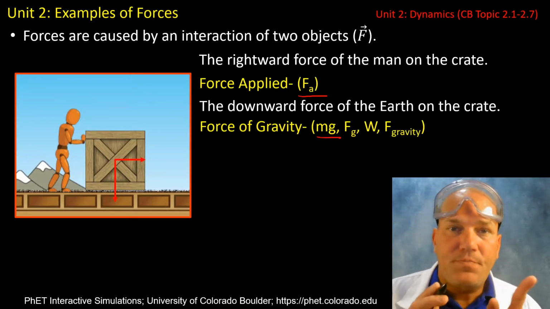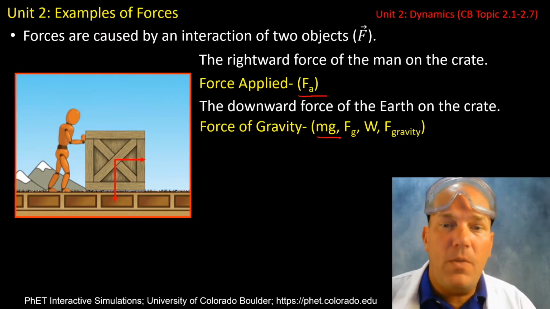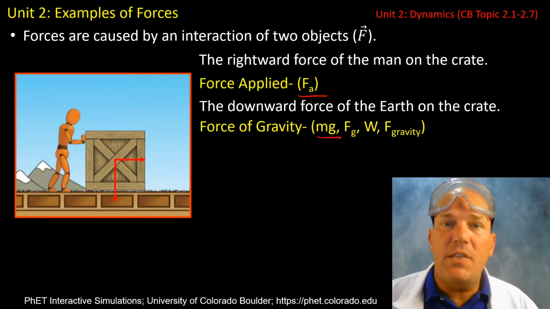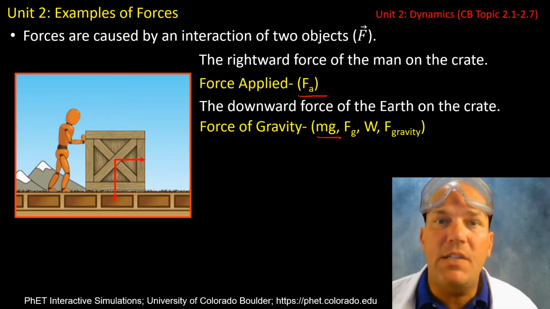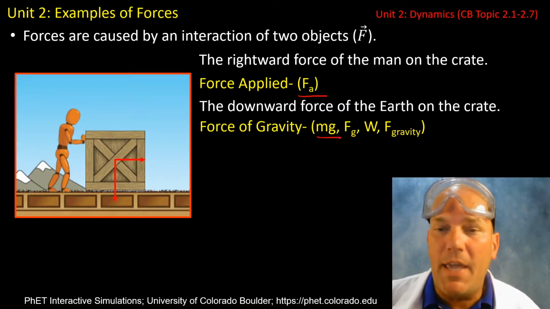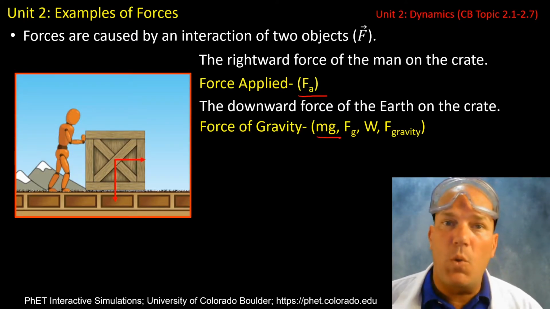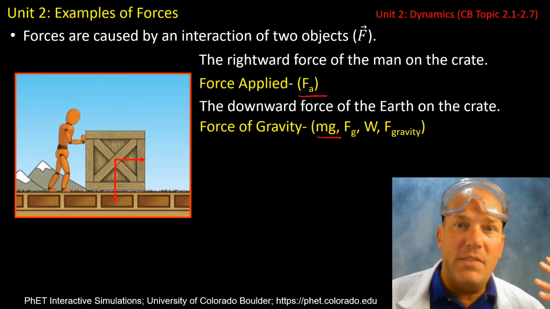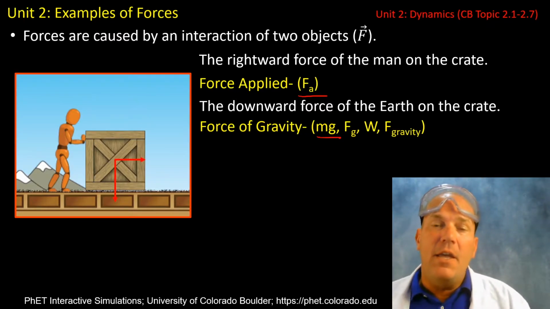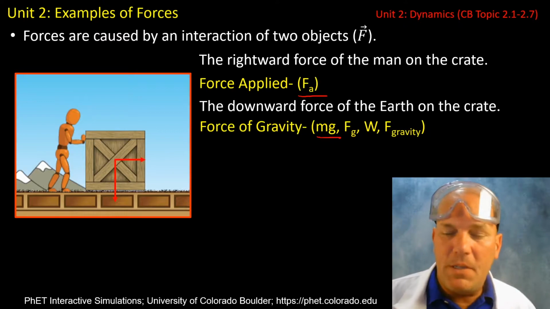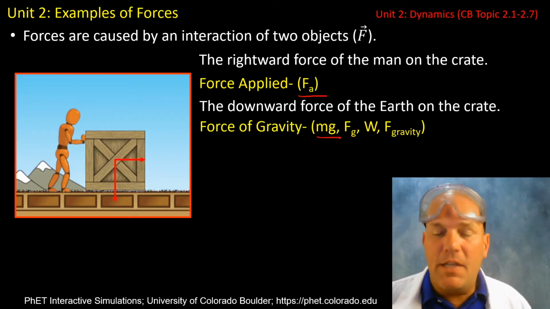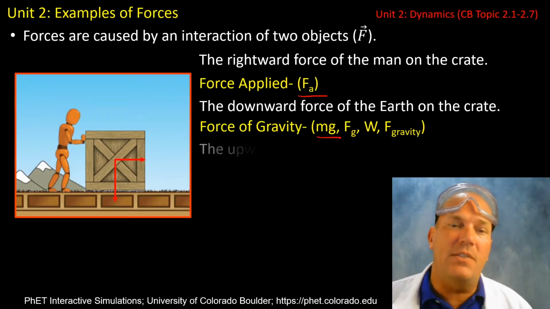I want you to know they exist. I want you to know that if you see a capital W for weight, that is the force of gravity. But the first one is typically the one I'll use in class and on the solution videos, etc.